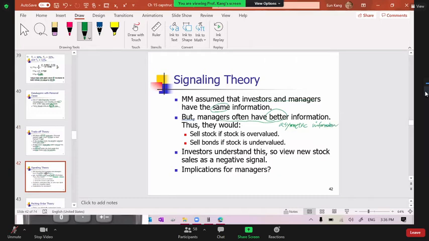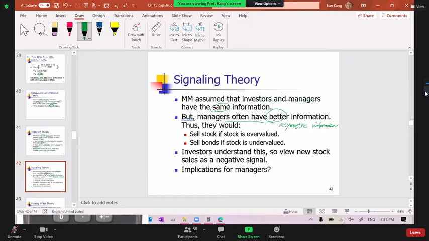That is just a better assumption because that's real life, right? Modigliani and Miller, even though they set the stage of modern finance, are still classical economics. They just treat managers and investors the same, but that's not true. Managers manage their company so they know more about their company.